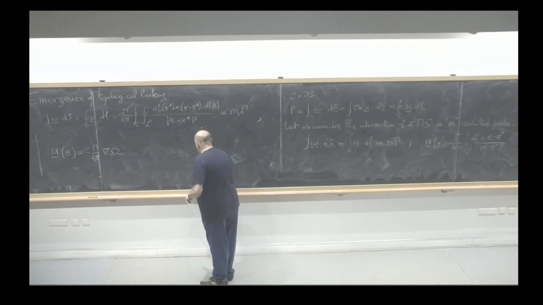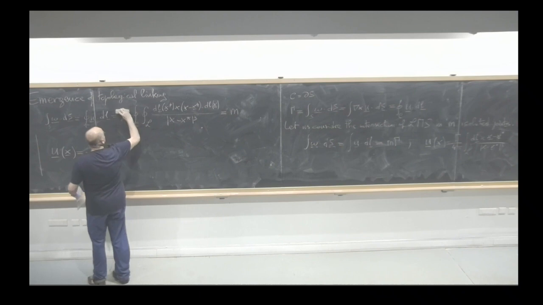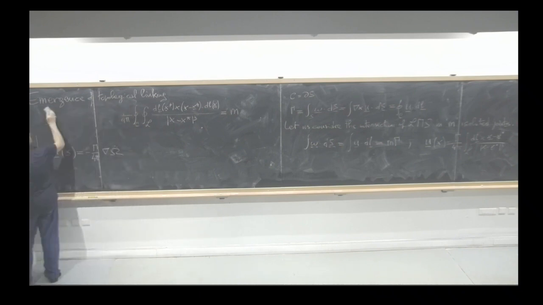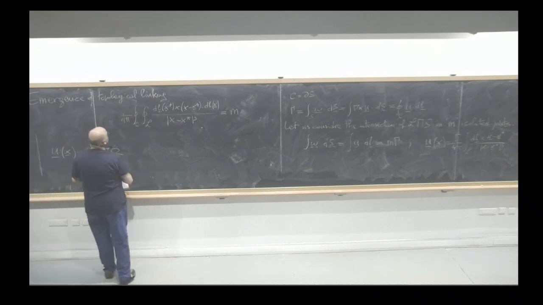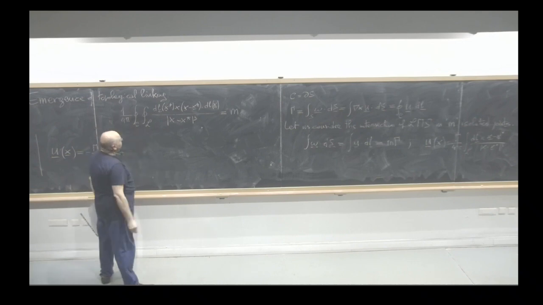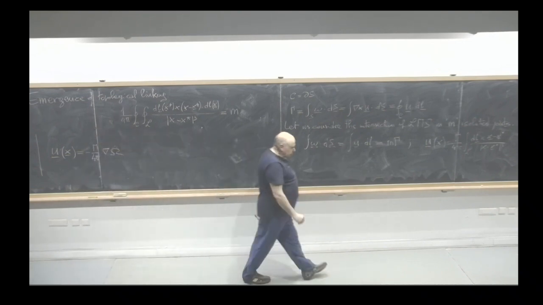So we have M now given in terms of 1 over 4 pi blah blah blah, the usual thing.